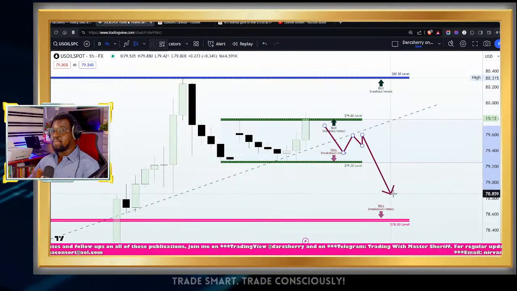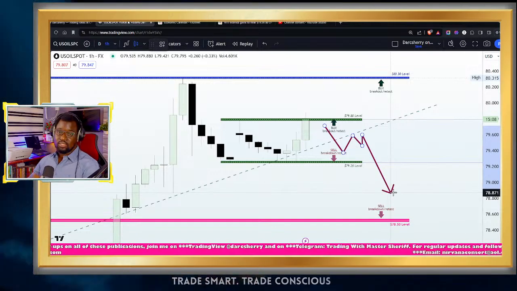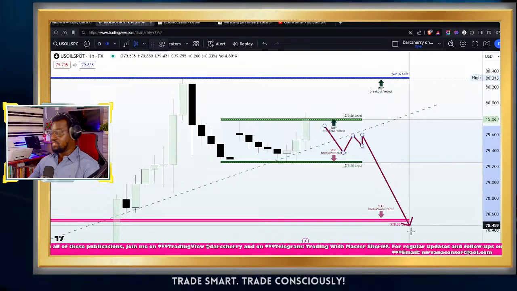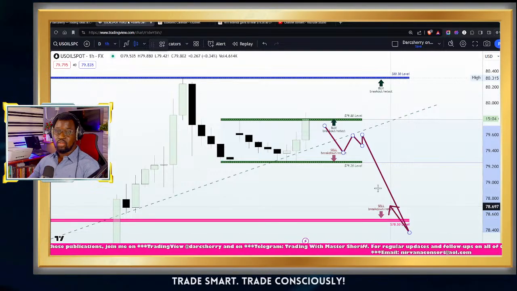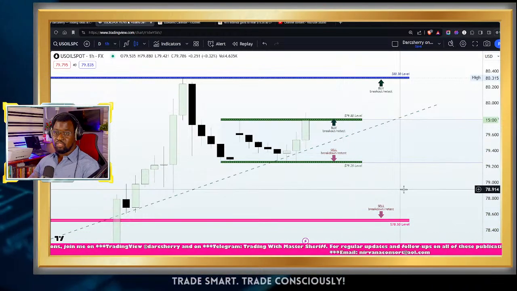Then we can maximize the bearish move by adding more sell positions below the $79.25 level and the $78.50 area. So this is how we are going to be managing a bearish bias in this market.